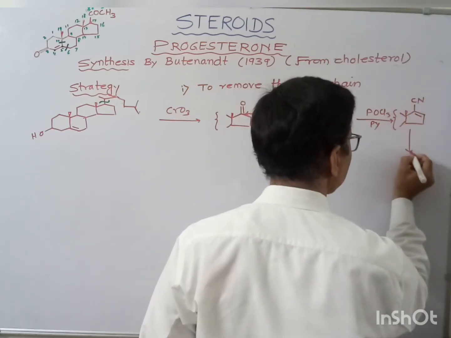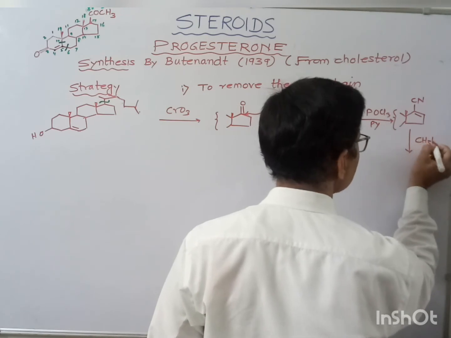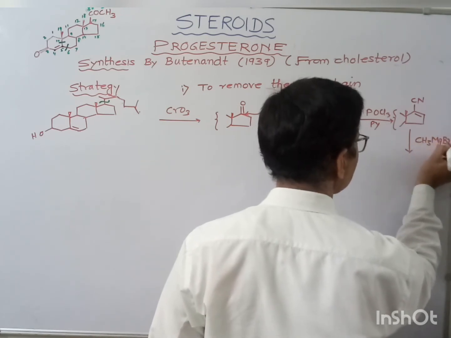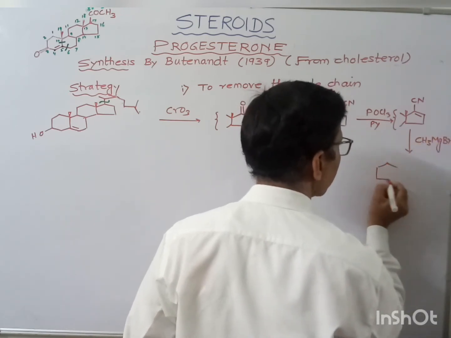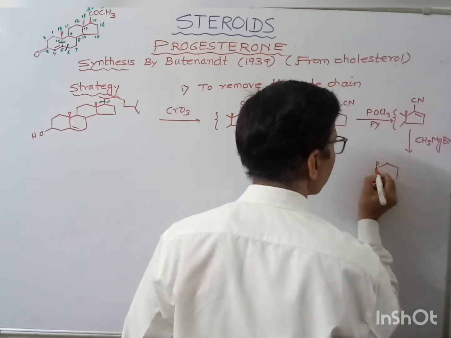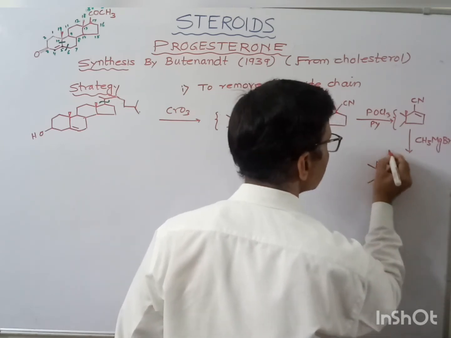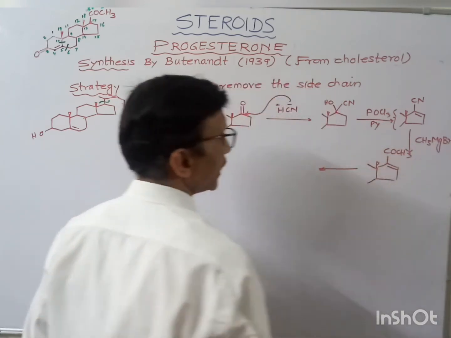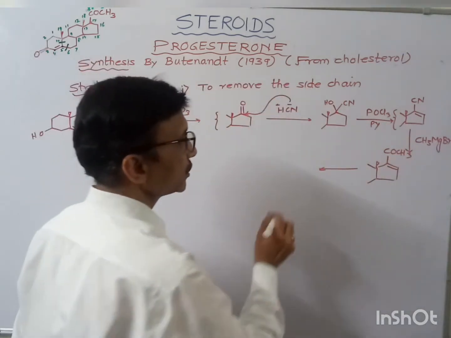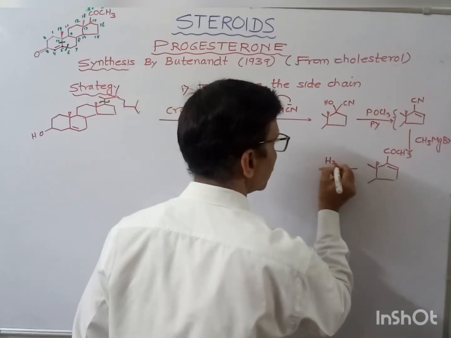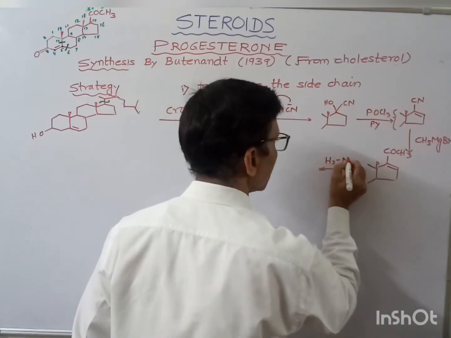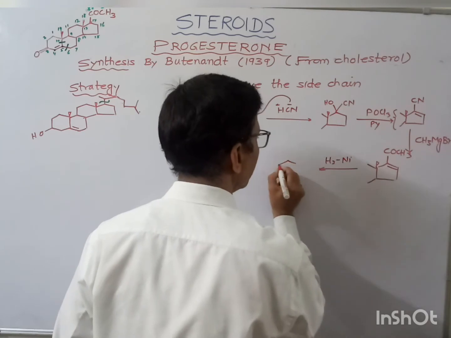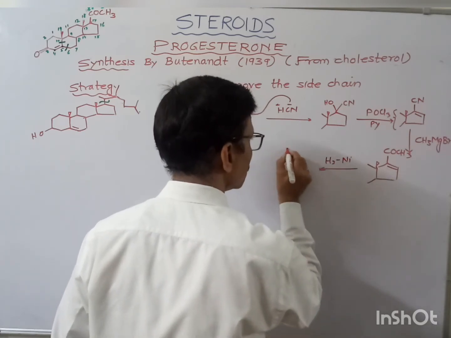Then treating it with CH3MgBr, a Grignard reagent, we can convert it into your COCH3 group. One double bond is present here, and this double bond can be reduced by H2 and Raney nickel, and that will be converted into your COCH3 finally.